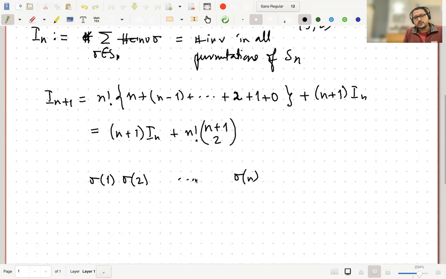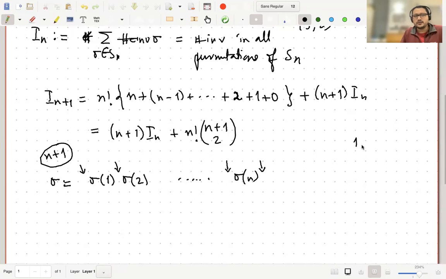I want to insert n plus 1 into sigma so that I get a permutation on n plus 1 letters. I can insert it here, and so on until I can insert it here, or here. So there are n plus 1 positions for me to insert this n plus 1 into a permutation.